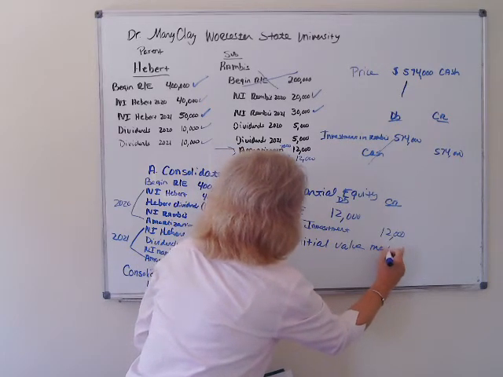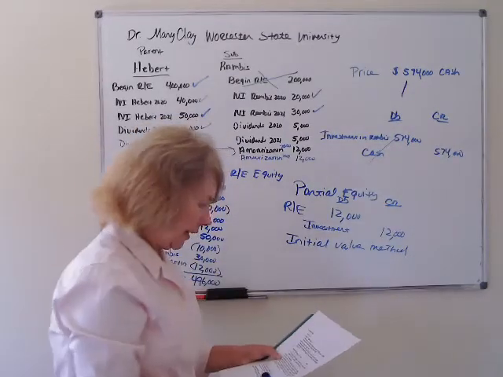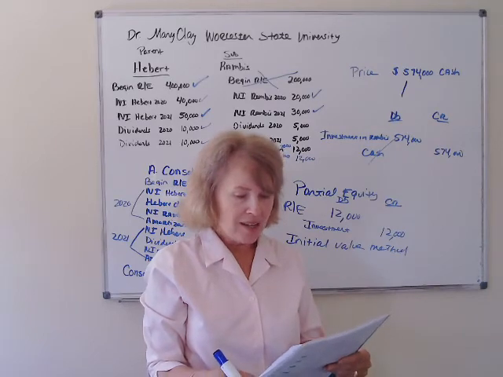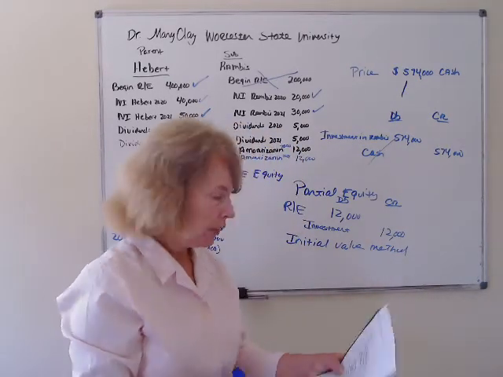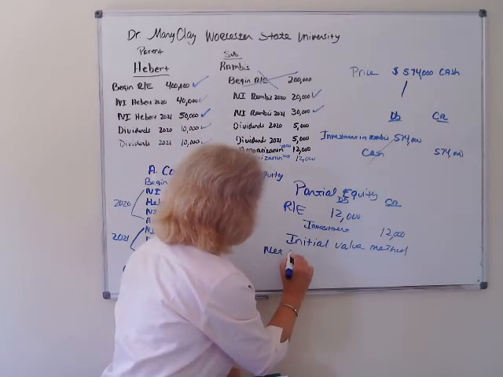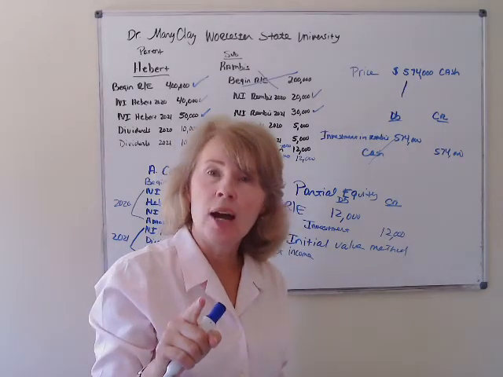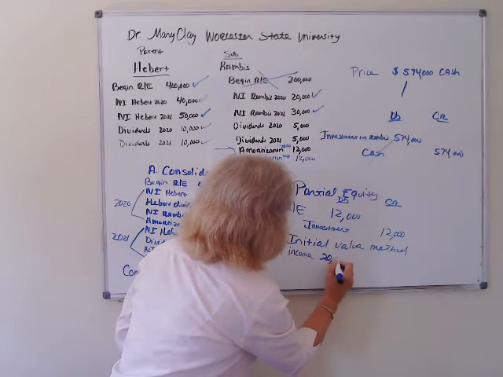This is why now it's consolidated. When it's consolidated, now you have to take into account net income. They didn't take into account net income. But let me kind of write this for you. So they didn't take into account net income, but they did adjust for dividends. So net income was $20,000 for 2020.